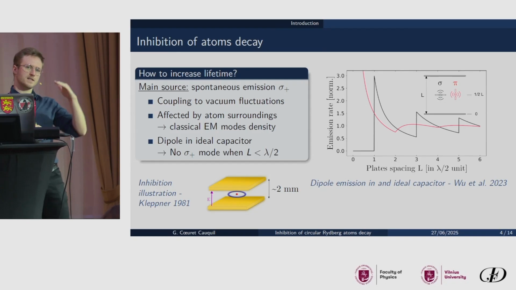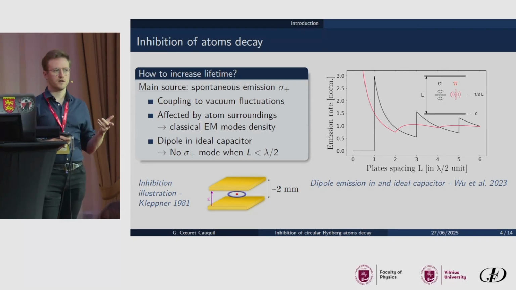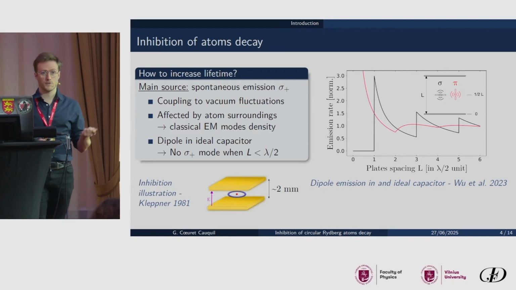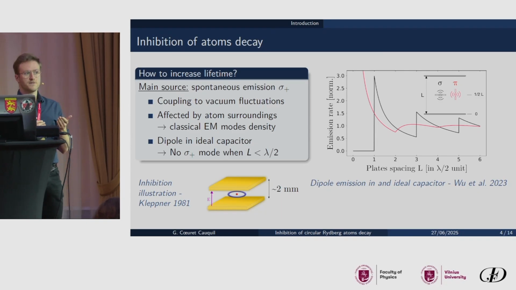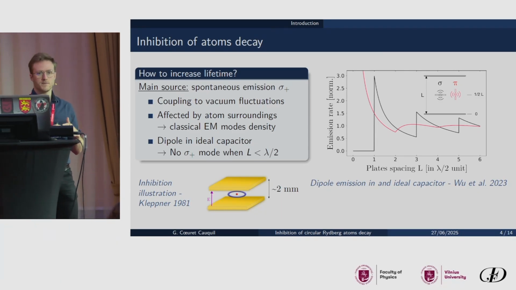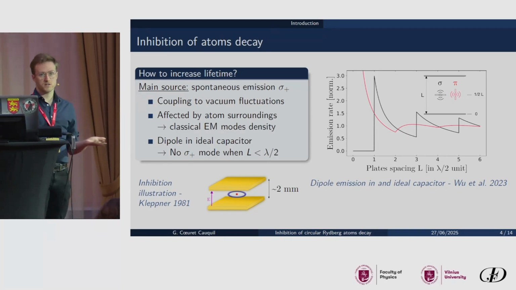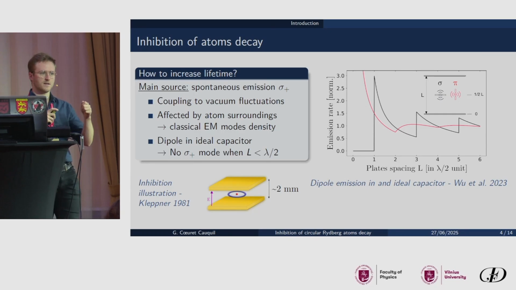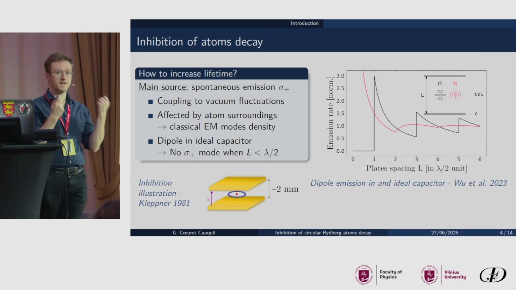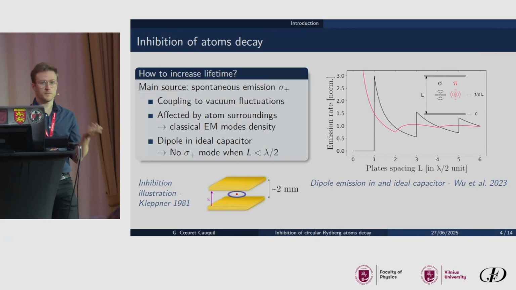And if the spacing is below the wavelength of the electromagnetic field you look at, the electromagnetic wave can't propagate in between the plates, meaning that if the atoms want to emit these waves, it just doesn't occur, because the photons that the atom will emit just won't be emitted.